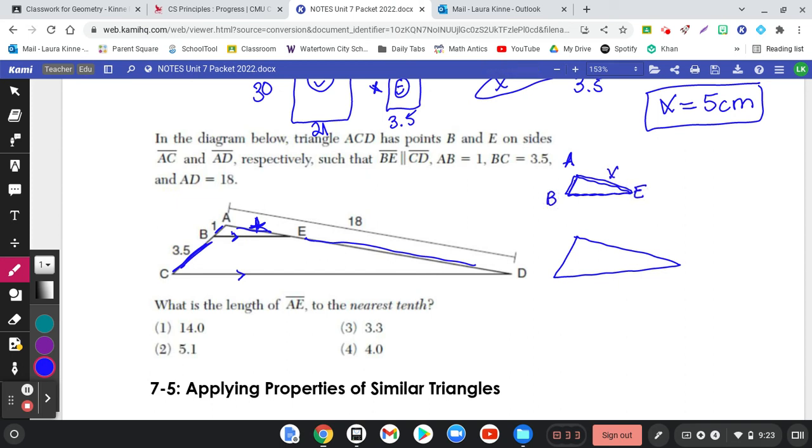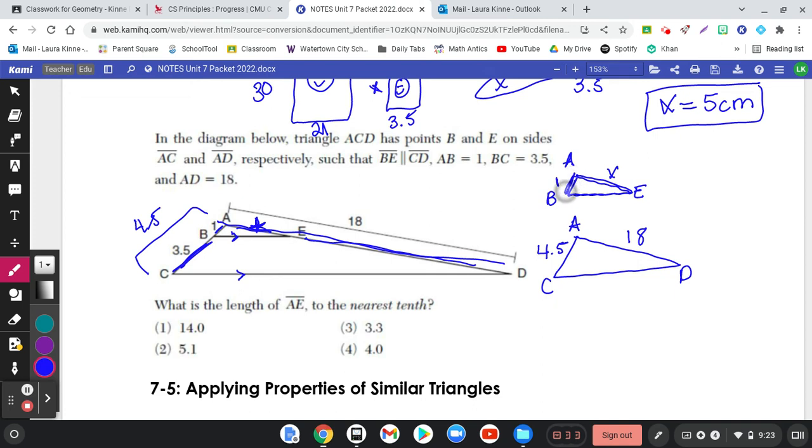On our little triangle, we have this side of it. On our big triangle, we have AD, which is 18, this whole side right here. And this whole side of the big triangle would be 4.5, right? If we add the 1 and the 3.5. So now it's a much easier problem.